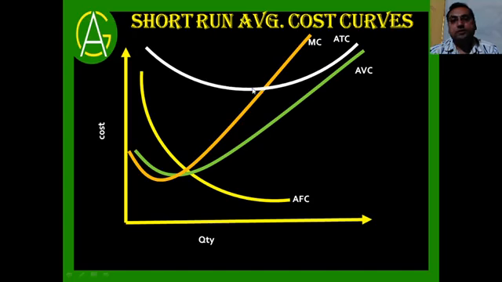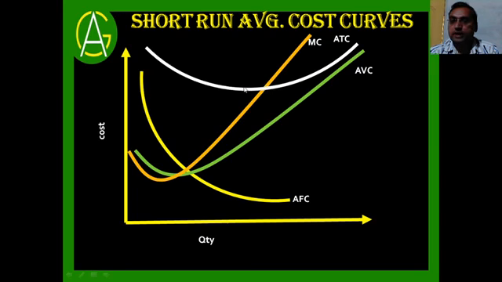This point, when average cost is minimum and marginal cost is equal to average cost, is known as a point of full capacity utilization, or efficient scale of output, or the optimum point, because at this particular level the capacity of the production will be fully utilized.